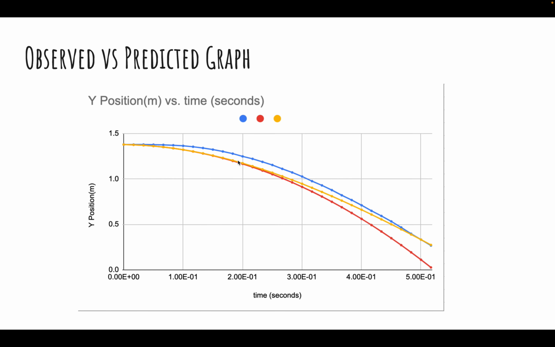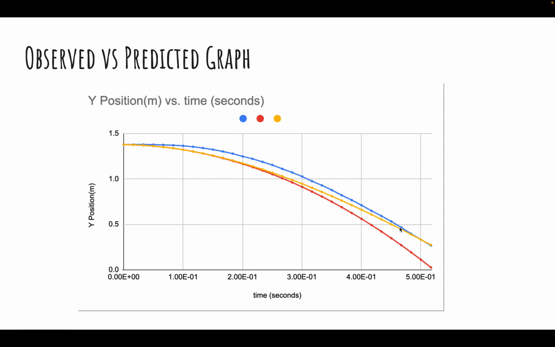The blue is my observed data from Tracker. The yellow is the predicted with drag, and the red is predicted without drag. As you can see, the predicted graph without drag goes much further. That is because there's no force pointing in the opposite direction.